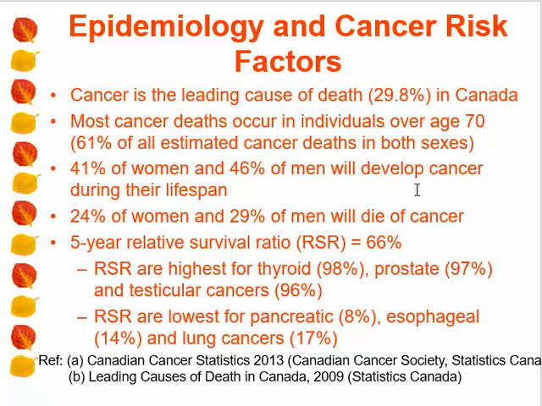The relative survival rates are the highest for thyroid cancer and prostate cancer and testicular cancer. They're the lowest for pancreatic cancer, esophageal cancer, and lung cancers. If you look at pancreatic cancer, it's 8%. Now, there's a lot of theories as to why that is.